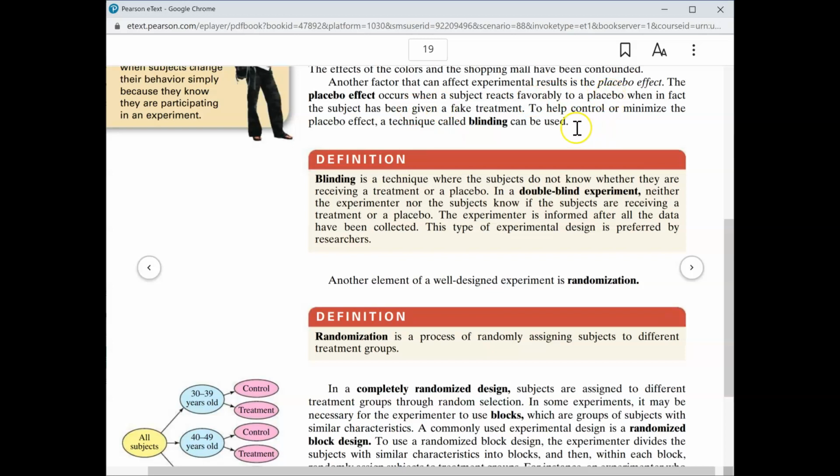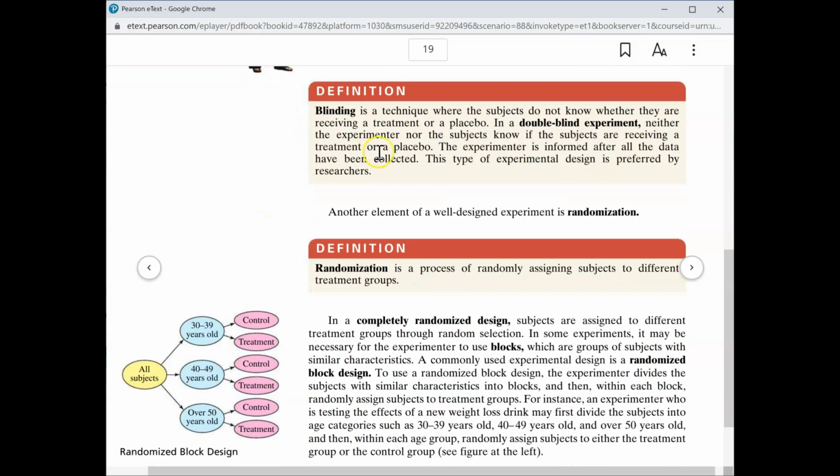That's kind of what I just talked about. That occurs when a subject reacts favorably to a placebo when in fact the subject has been given a fake treatment. To help control or minimize the placebo effect, a technique called blinding can be used. Blinding is a technique where the subjects do not know whether they are receiving a treatment or a placebo.